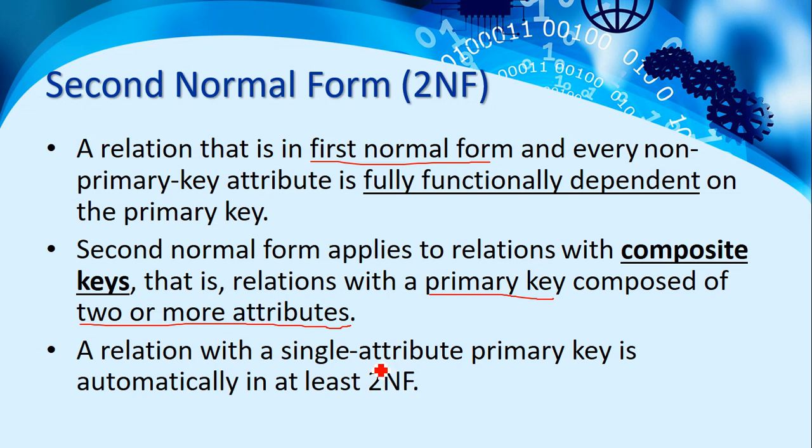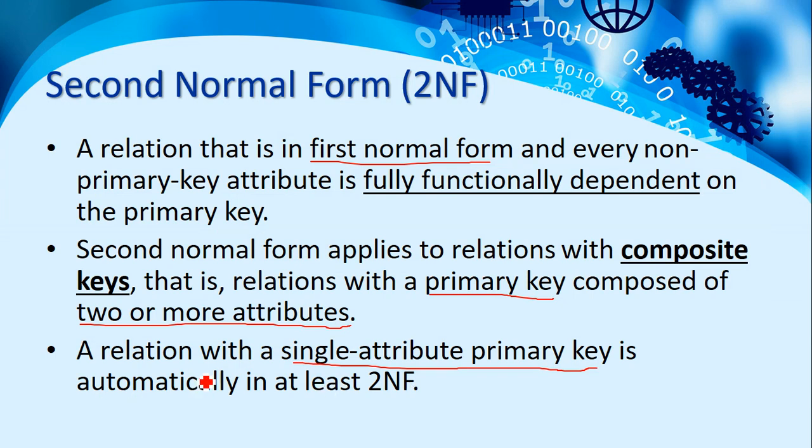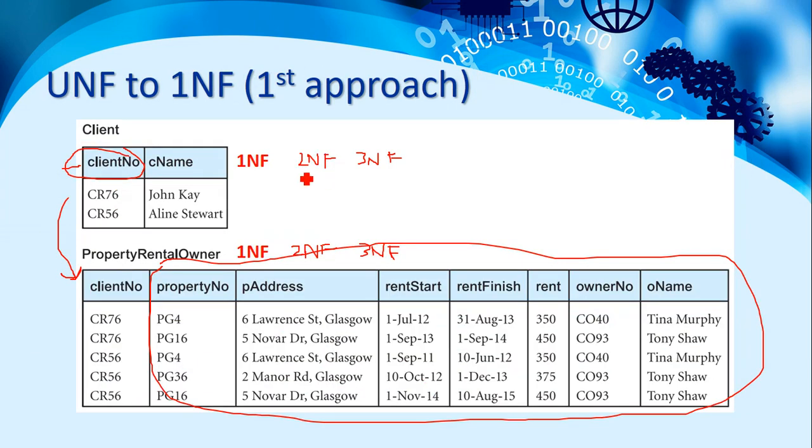So basically, yung second normal form, applicable lang siya kung yung primary key mo is composed of 2 or more combined attributes. So, a relation with a single attribute primary key is automatically in at least 2NF na. So, automatic na, pag single attribute lang yung primary key mo, automatic na yan 2NF. So, therefore, if we're going to go back to the first approach, ito, check na siya. 2NF na to.